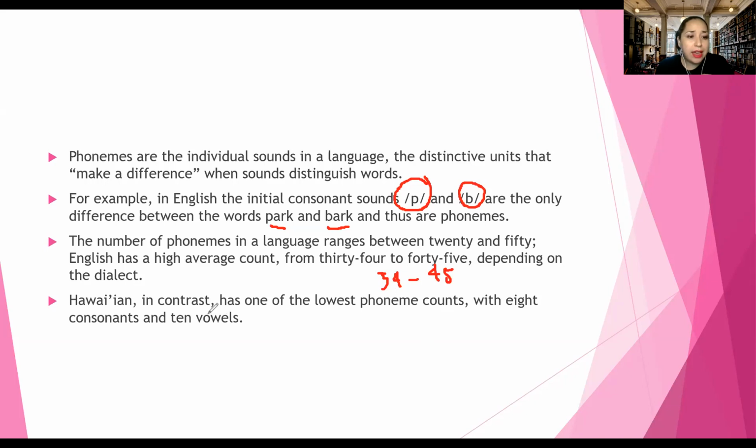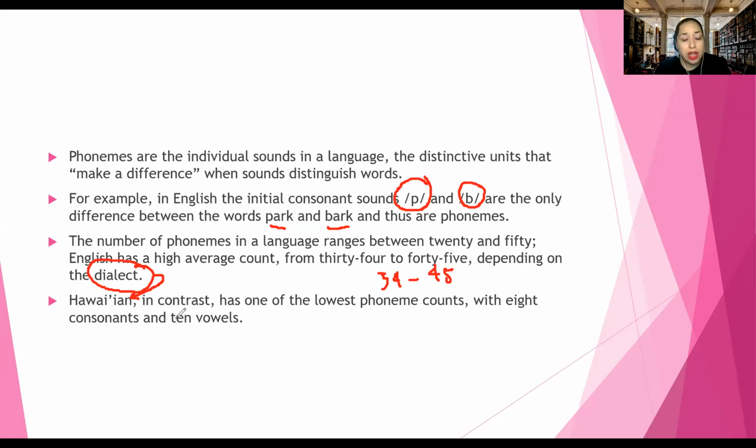For example, Hawaiian, in contrast, has one of the lowest phoneme counts, with 8 consonants and 10 vowels. That was what I referred to with the dialect. There is a dialect that uses the English language, but depending on the side of the world, the language gets mixed with the native languages from the land. For example, in Hawaii, there are a lot of immigrants from the Philippines, for example, and there's a mixture of the language.